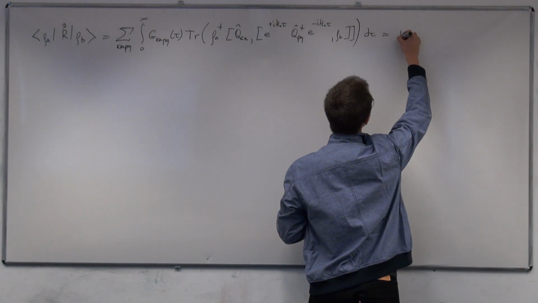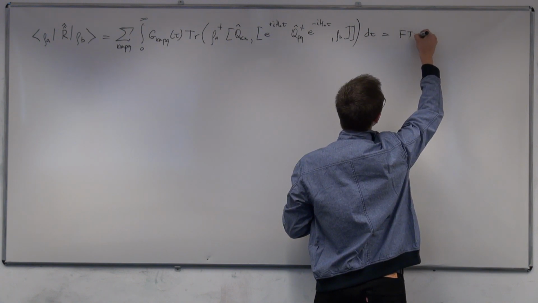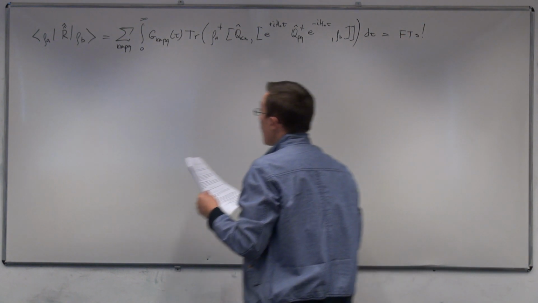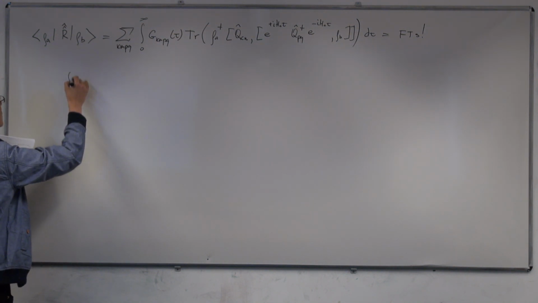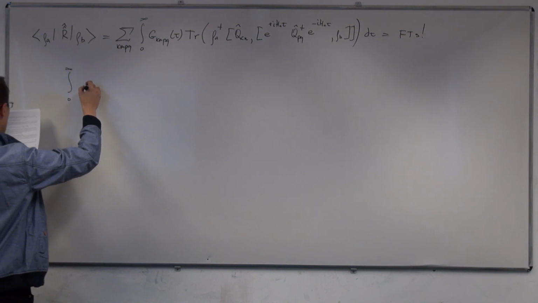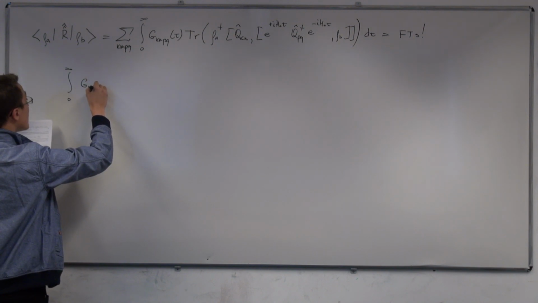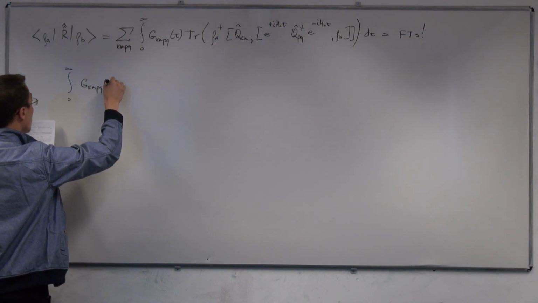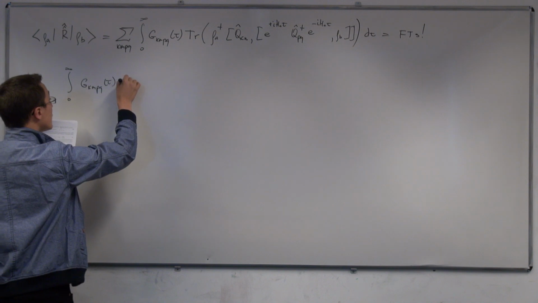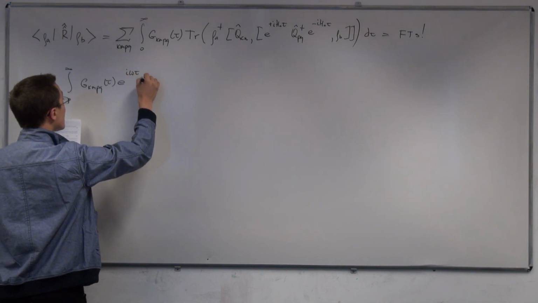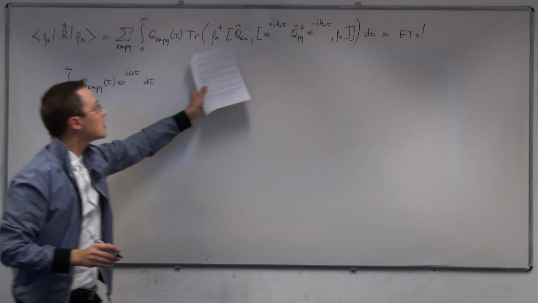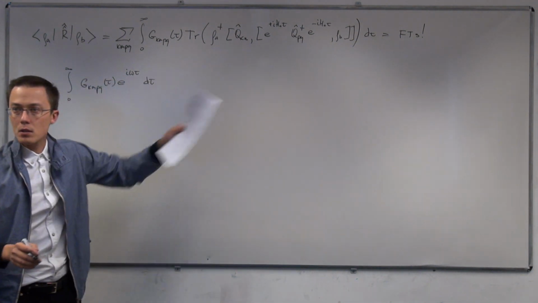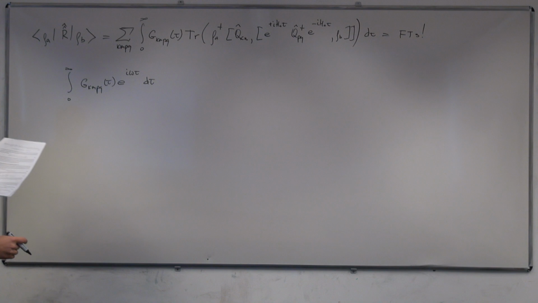So FTs of the following type: integral from 0 to infinity of g_kmpq(tau) e^(i omega tau) d tau, where omega would depend on the details of whatever this expands into after we've done all the mathematics.